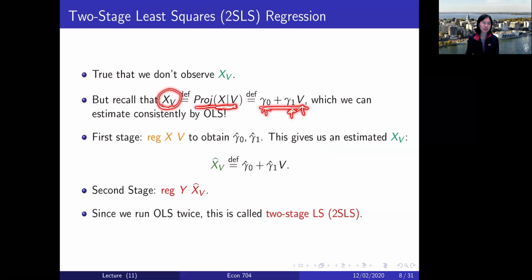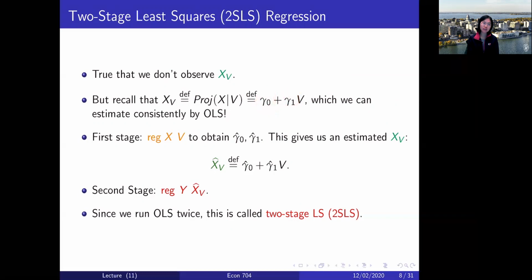We can always estimate the projection coefficients consistently using ordinary least squares. All we need to do is to regress X on V, run an OLS regression of X on V, and we are going to get a consistent estimator for gamma 0 and gamma 1. So that suggests we can do the following two steps.